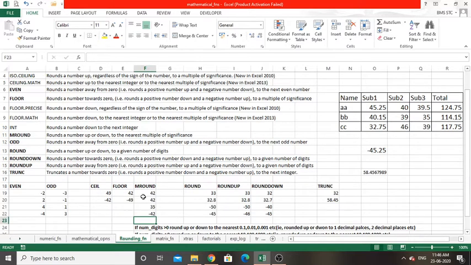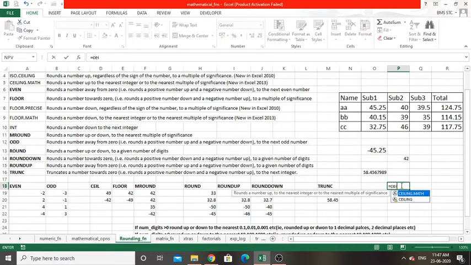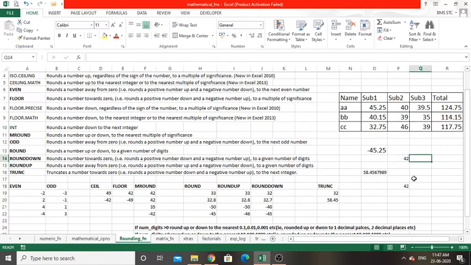A special note on these three functions, ceil, floor and MROUND. Please listen carefully. If a number is already an exact multiple of significance, then no rounding is needed. If we pass 42 here and I am doing a ceil of 42, 7, we know that 42 is a multiple of 7.